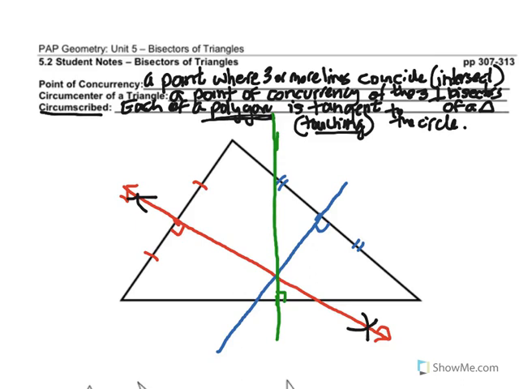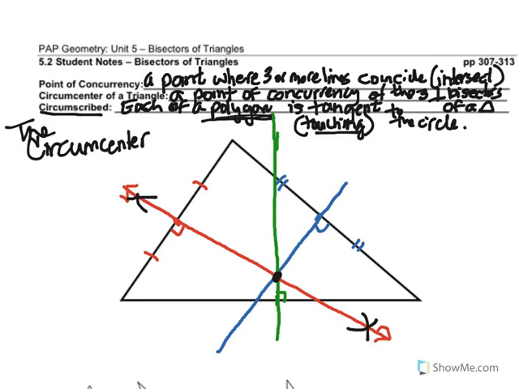So this point right here, where the three lines intersect, is not only a point of concurrency, because it's where they intersect, but that is the circumcenter of the triangle.